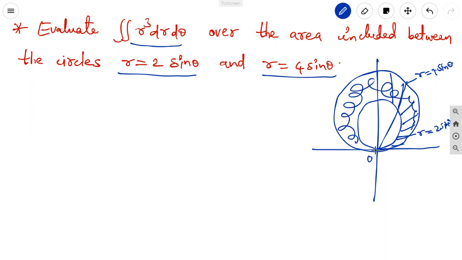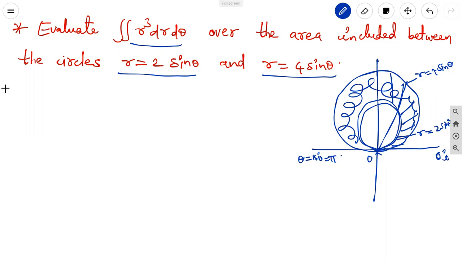That is nothing but the r limits from r = 2 sin theta to r = 4 sin theta. And what are the limits of theta? Theta starts from 0 degrees to theta equal to 180 degrees, that is nothing but pi.